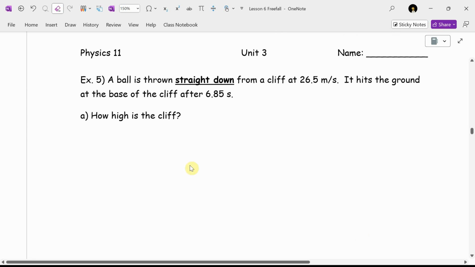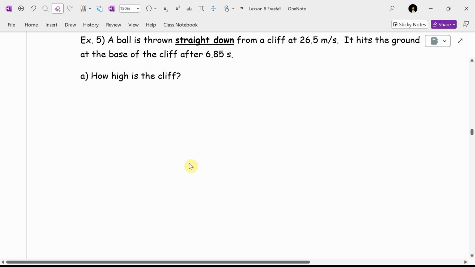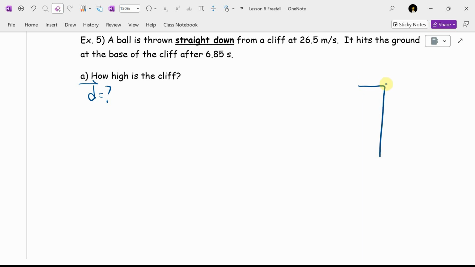Example 5. Really similar to example 4, except now we're throwing it straight down. So, what's A asking me to find? I think it's asking me to find a displacement again. By the way, this time if I drew a picture, it's just going straight down. It's not going up at all.